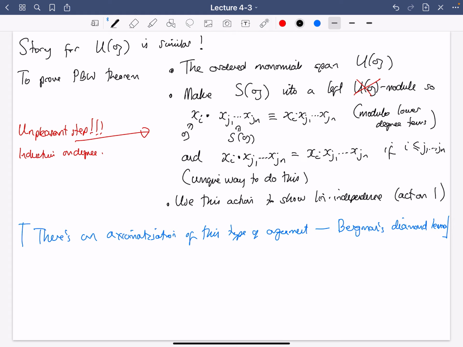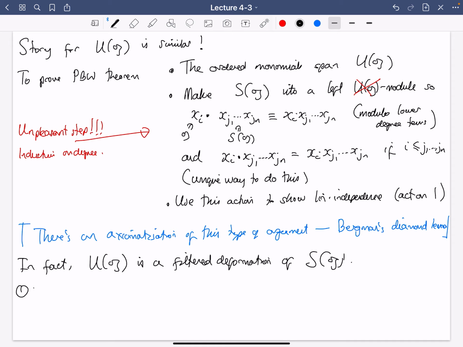Okay, so that's a rough idea. And in fact, the universal enveloping algebra is a filtered deformation of the symmetric algebra. So having talked about this language for the first Weyl algebra, that is in place now.